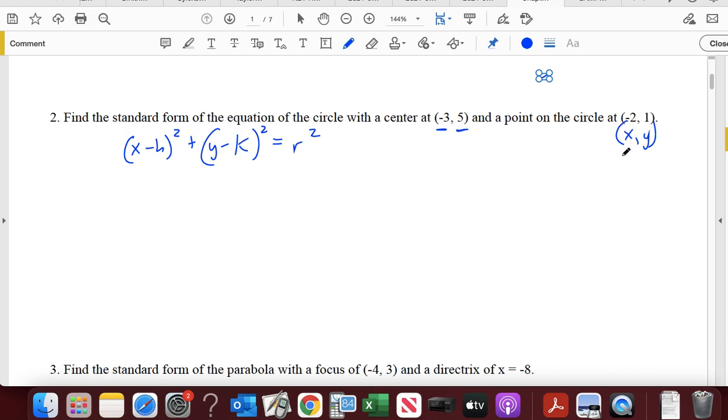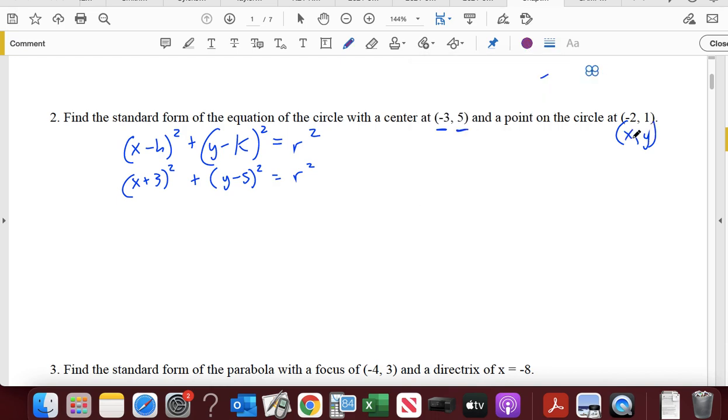And we've got x and y. So I'm just going to plug this one in first. So we've got x plus 3 squared plus y minus 5 squared equals r squared. If we knew the radius, then we would be finished. So now we just have to find the radius and then plug that into this equation, and we're good to go.